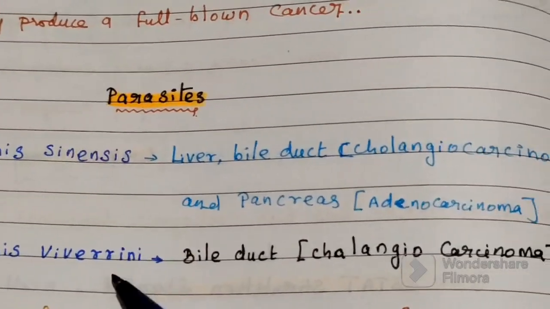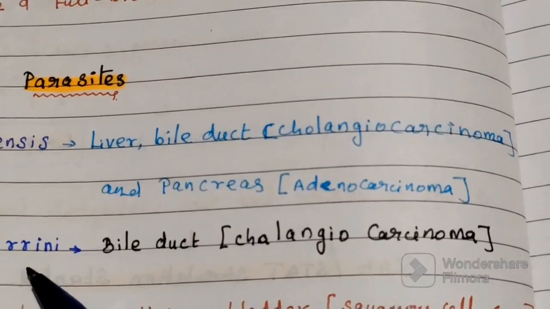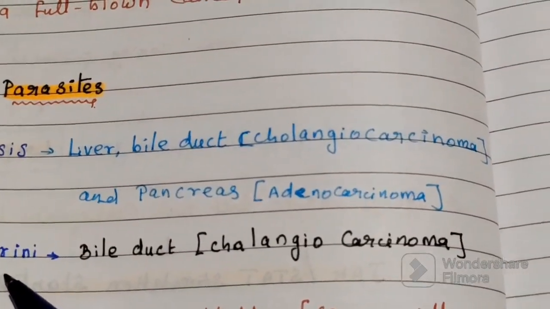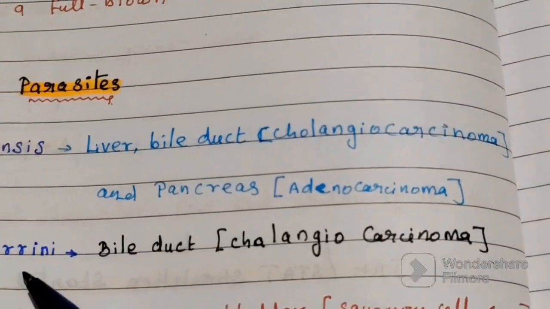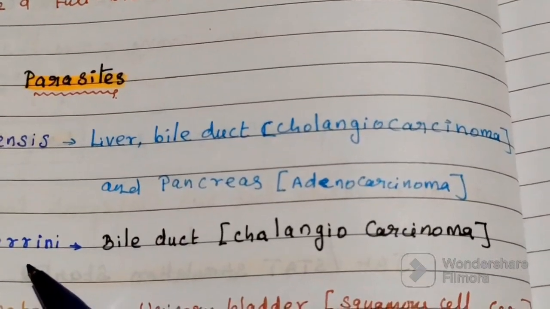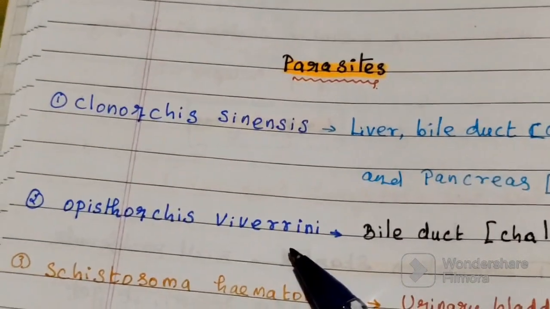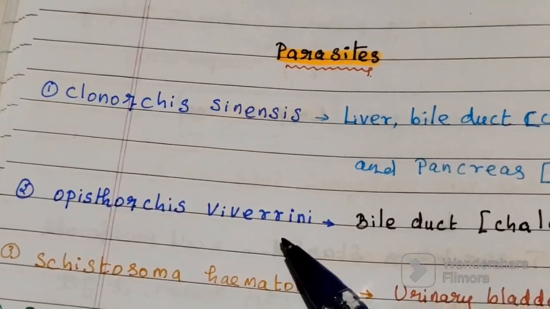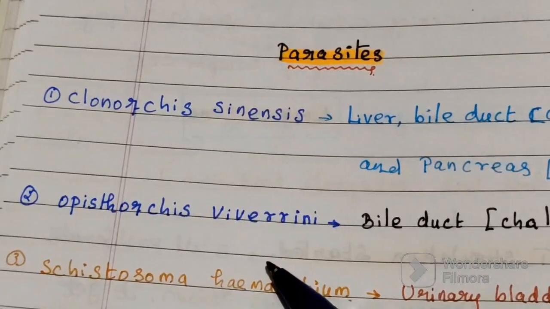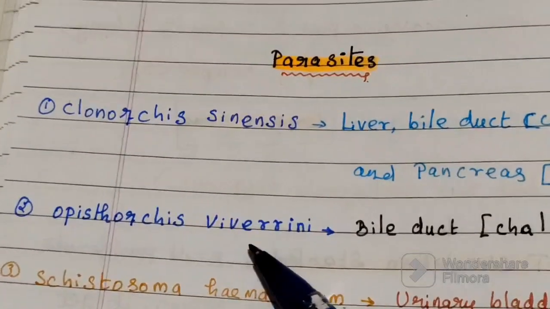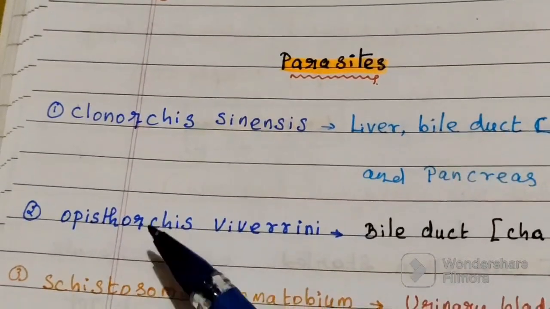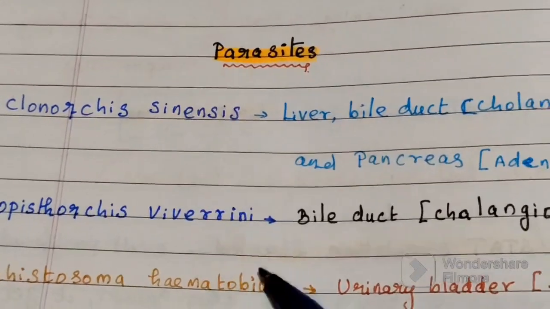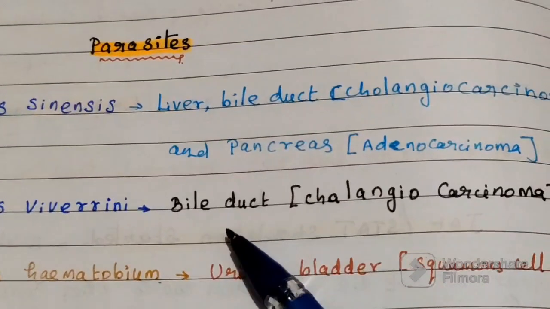It causes cholangiocarcinoma of the liver and bile duct, and pancreas. Then the second one is Opisthorchis viverrini. This one causes bile duct cancer.